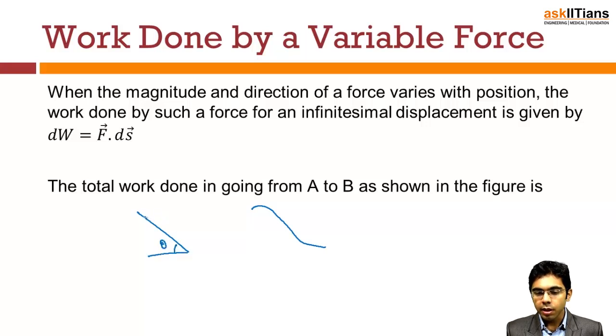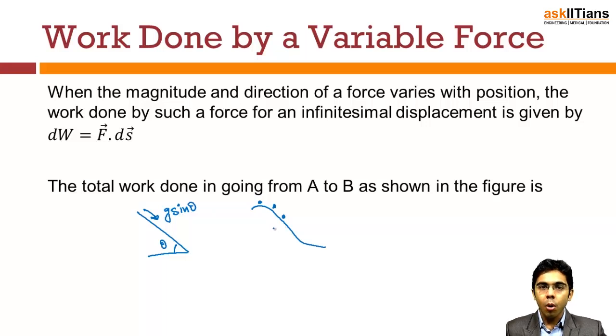We found that if the sphere moves in this direction under gravity, it will have g sin theta as the acceleration. But for this case, if the sphere is at this position, theta will be different with the horizontal, and if the sphere is at another position, theta will again be different.